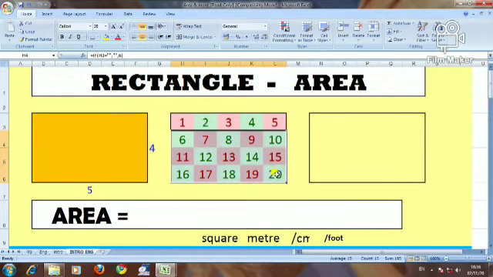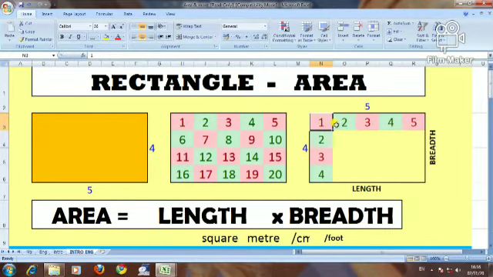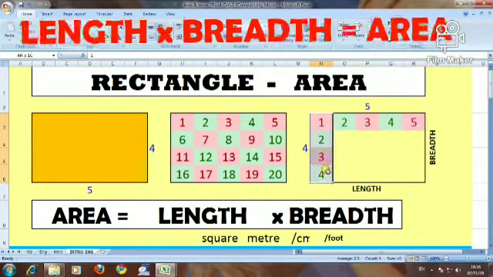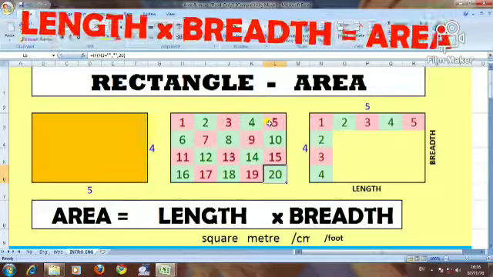Now altogether we got 20 squares. Now come on to the next one. Here lengthwise and breadthwise squares are given. Lengthwise the number of squares is 5, breadthwise it is 4. 4 into 5 is equal to 20. The number of total squares is 20 also.